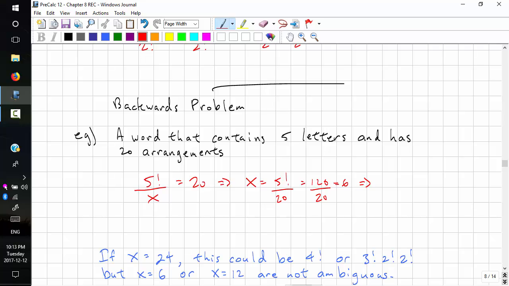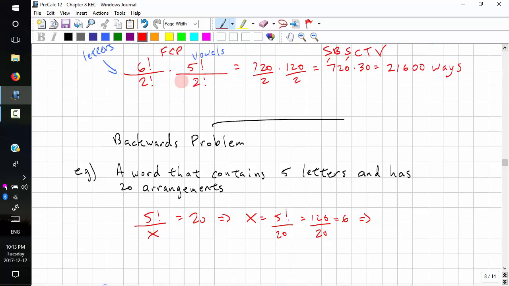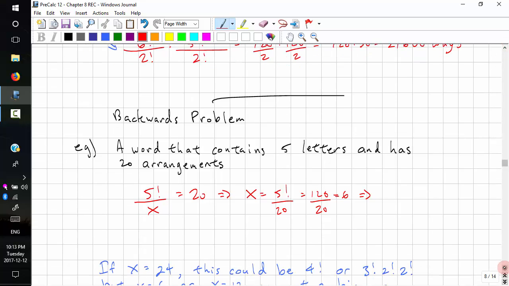There's only one way to get 6 using factorials. Remember, this needs to be factorials. We are dividing by factorials. And the only way to get 6 is 3 factorial. There's no way we can make 2 factorial by some other factorial because there's no factorial that equals 3.